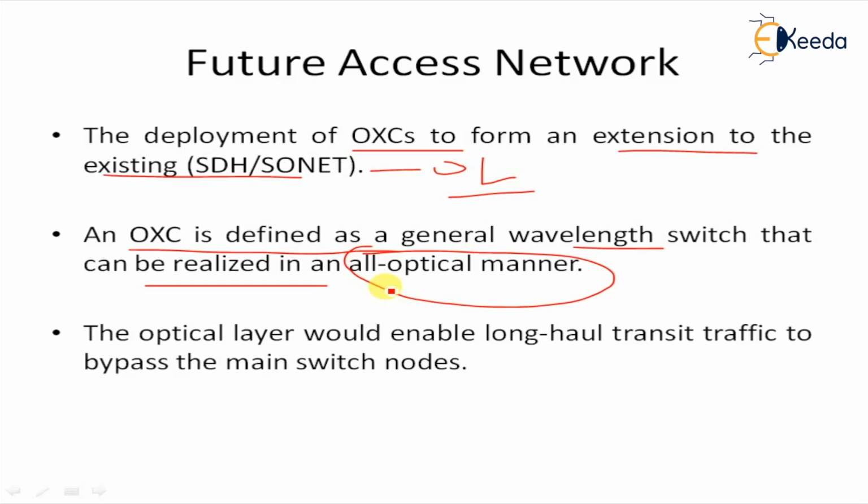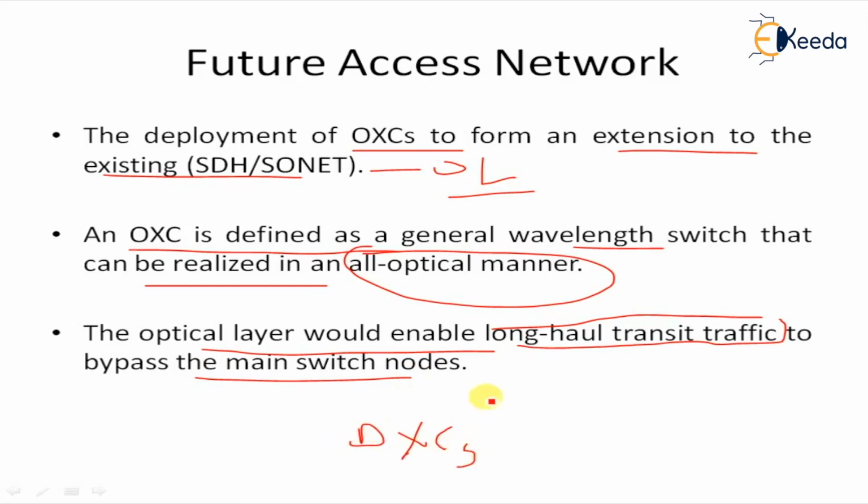The optical layer would enable long haul transit traffic to bypass the main switch node. It also reduces the size and cost of the digital cross connect, known as a DXC. So this is the advantage of OXCs.